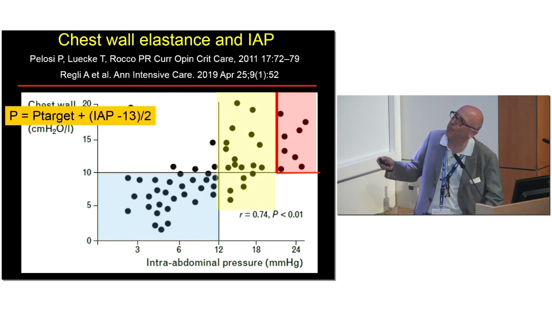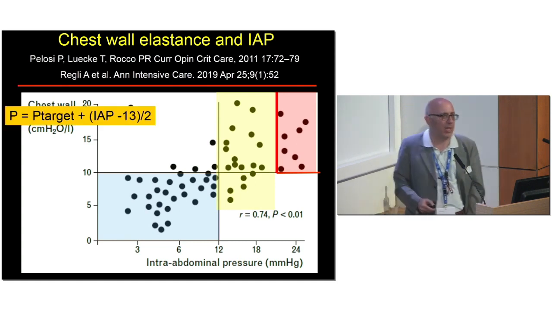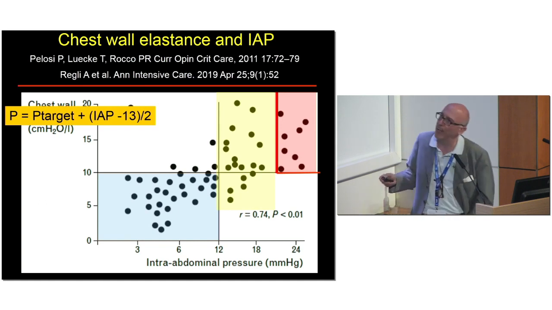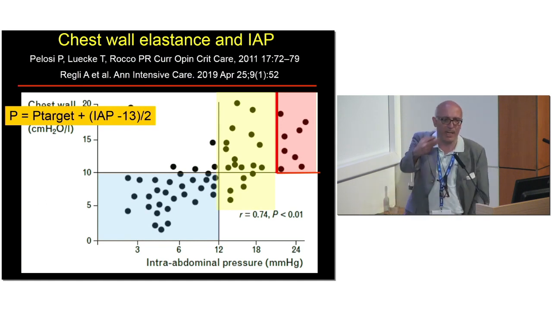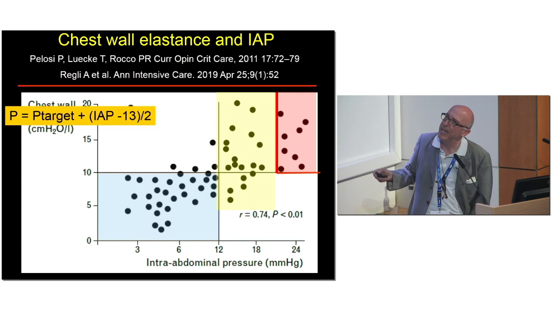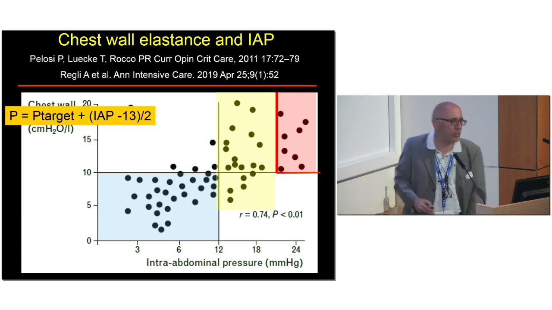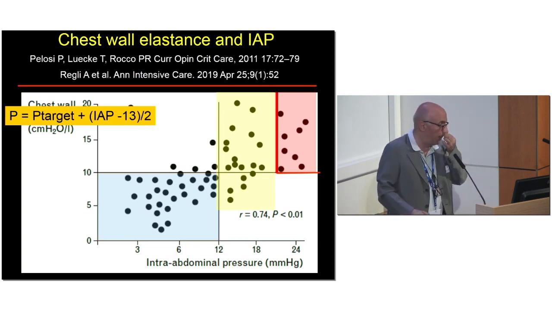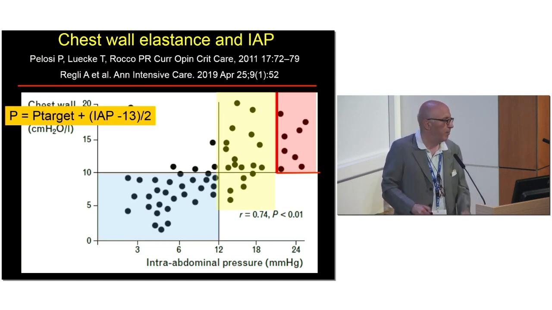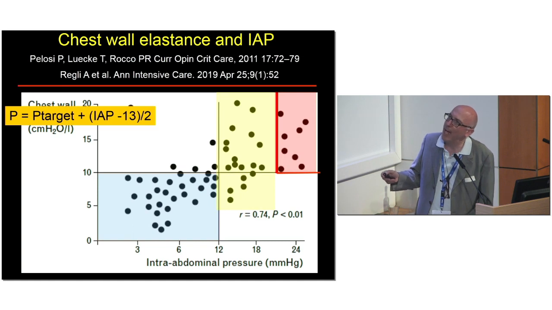One suggestion that we proposed to correct the pressure for the intra-abdominal pressure is the following. You have pressure, PEEP or inspiratory pressure. Pressure target plus intra-abdominal pressure minus 13. Why minus 13 centimeters of water? Because it's the average pressure in mechanically ventilated patients. Divided by 2?